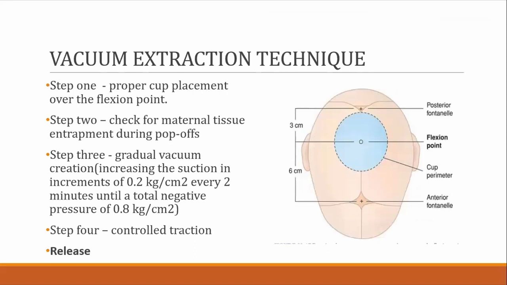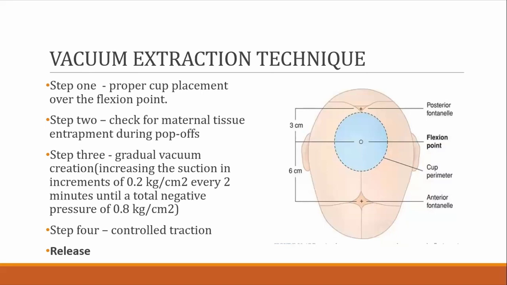For vacuum extraction, when we look at the basic technical parts, there should be proper placement of the cup. As you can see from the picture, we should properly identify the anterior and posterior fontanelle. From the anterior fontanelle, the flexion point should be 6 centimeters, and from the posterior it should be 3 centimeters.